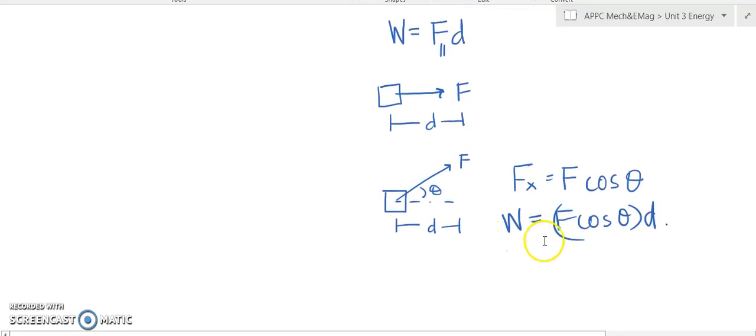So the work done when the force is not parallel to the displacement is the component that is parallel to the distance times the distance. Okay, you have to have that parallel component.